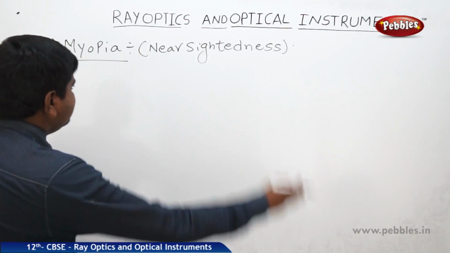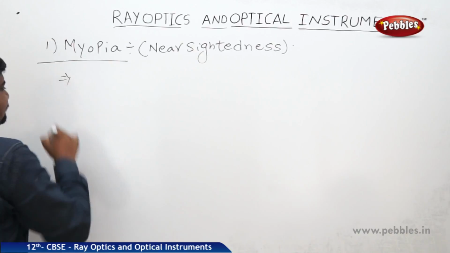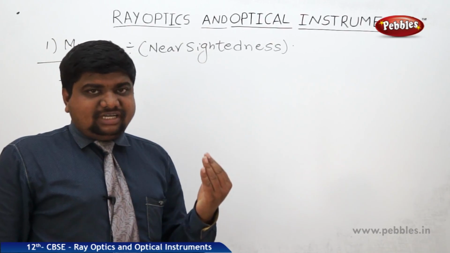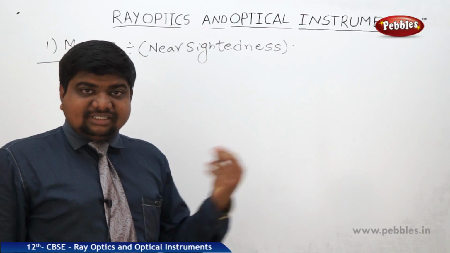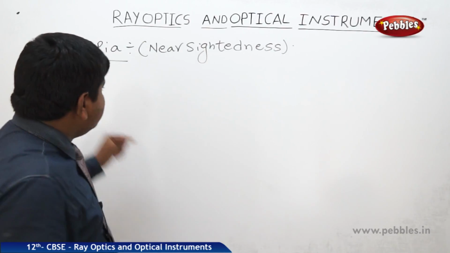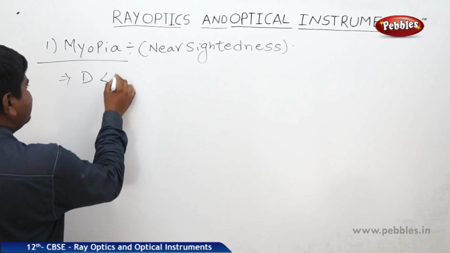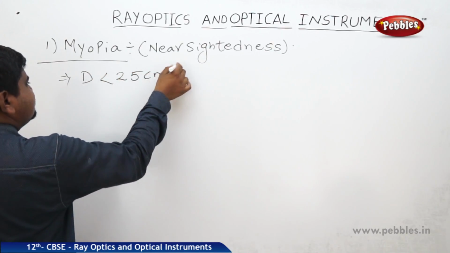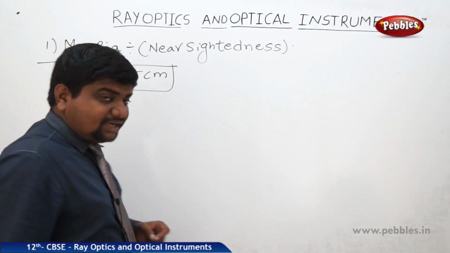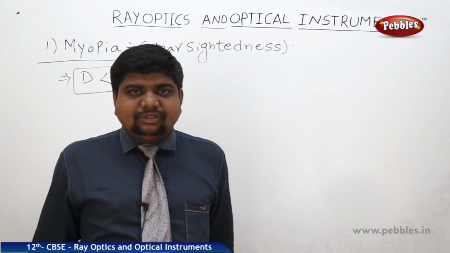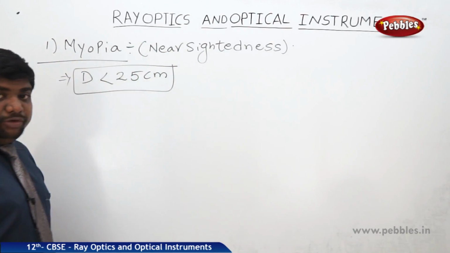Suppose a person is able to see the object only at less than 25 centimeters, that means less than D, then he is suffering with myopia. So D is less than 25 centimeters, maybe 20, or maybe 5 or 10 centimeters. He has to place the object very close to the eye. Then he is suffering with myopia.